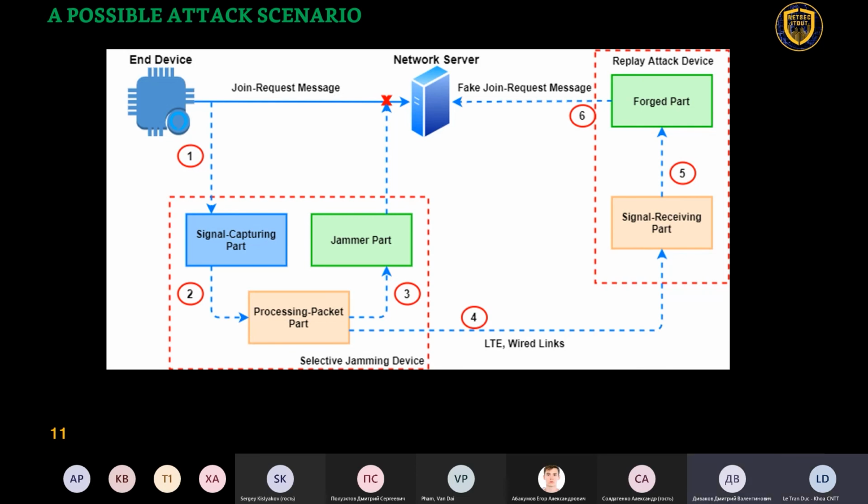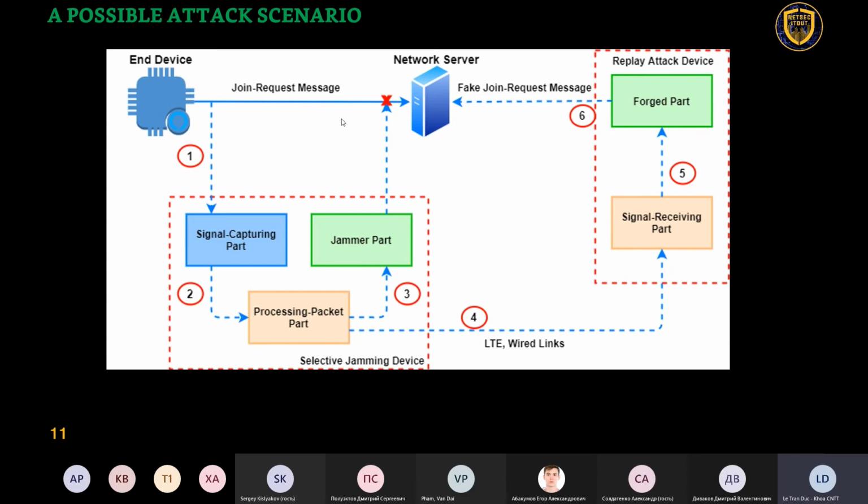Of course. The main result is the analysis of the attack scenarios that can be carried out in LoRaWAN, because we care about security. We don't want information to be stolen. We don't want a network server that cannot work when a DoS attack is coming.